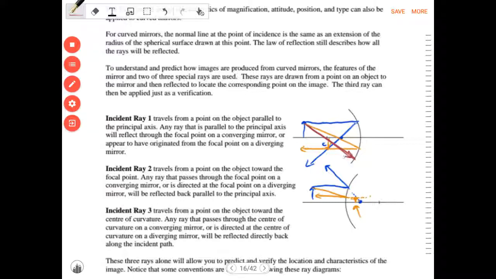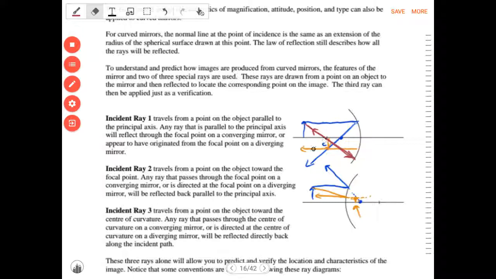So it goes one way, then gets reflected exactly backwards. Okay, that's the third ray.